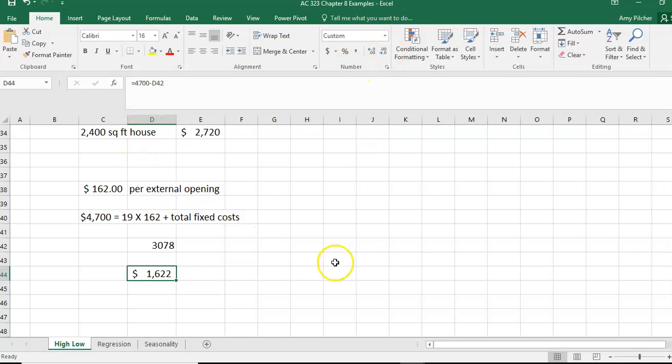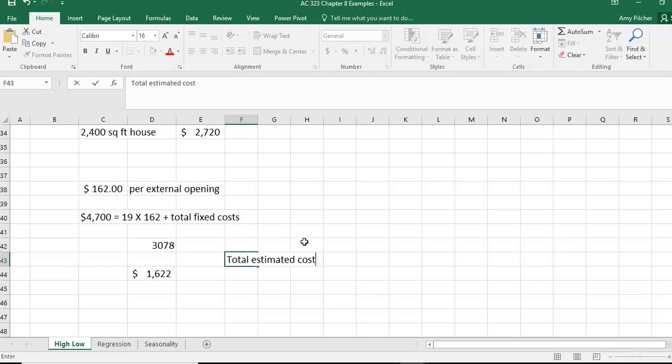So if instead we use external openings, our cost equation is total estimated costs equal $162 times external openings plus $1,622 in total fixed costs.